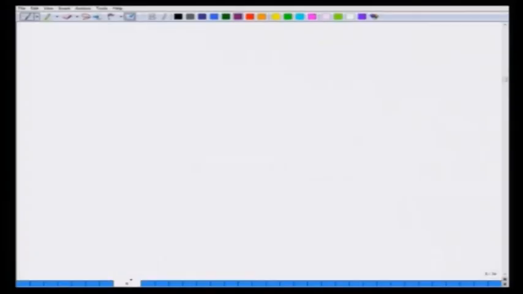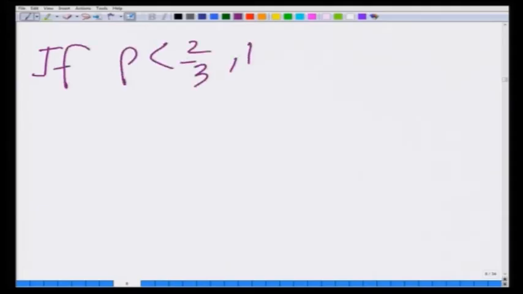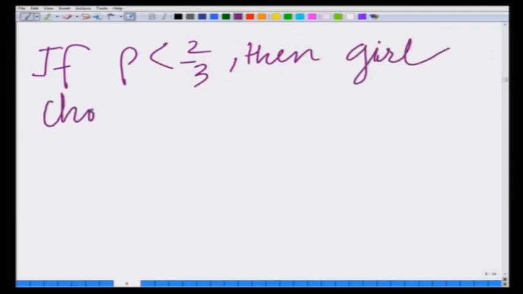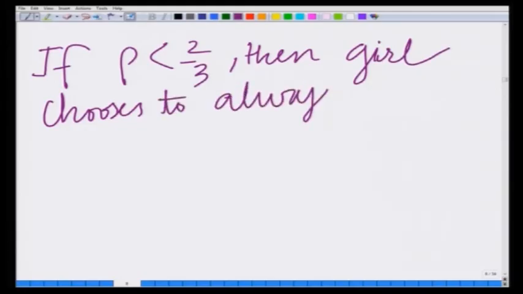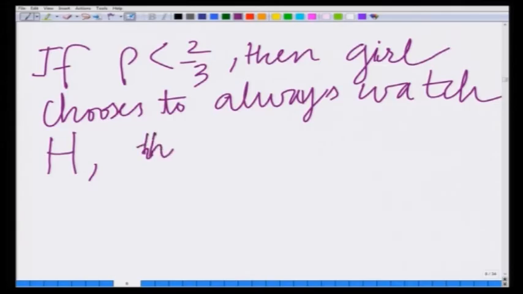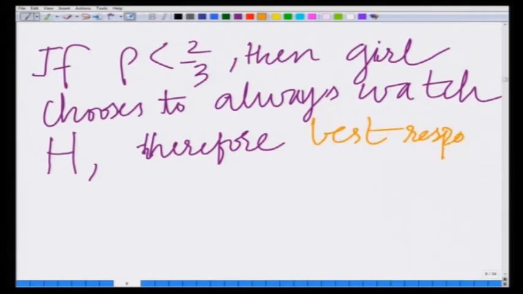If p is less than 2 by 3, then the girl chooses to always watch H, therefore best response q star equal to 0.